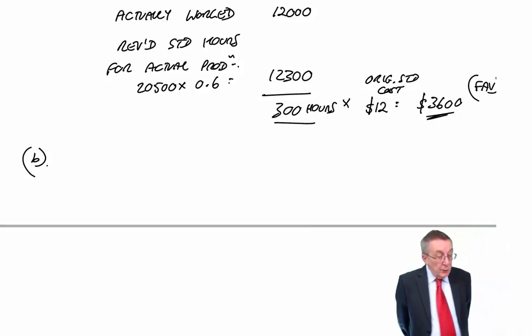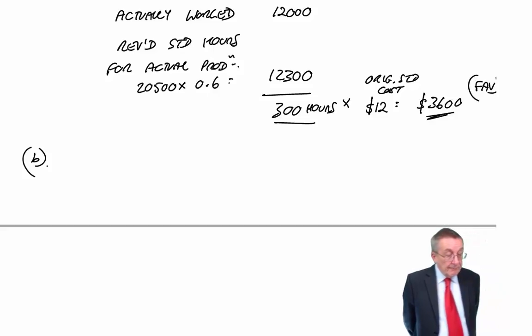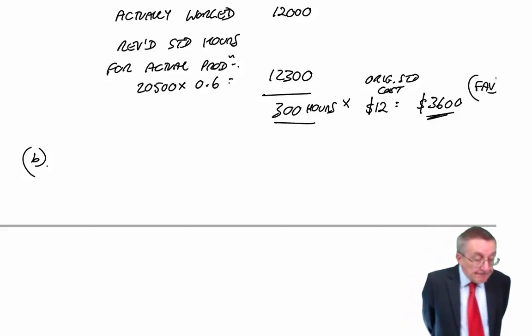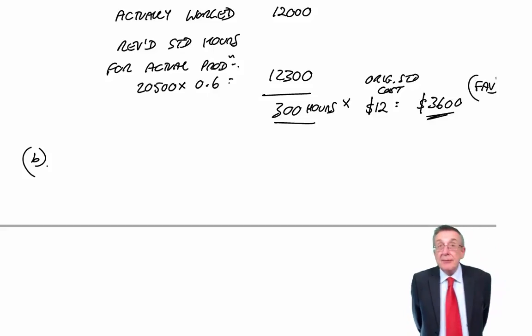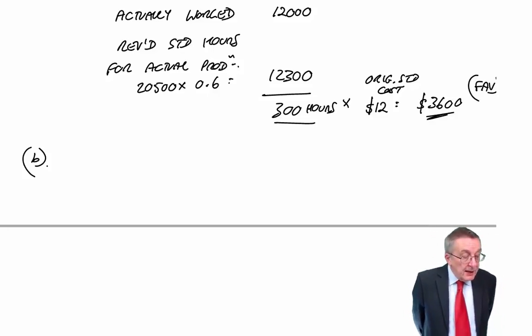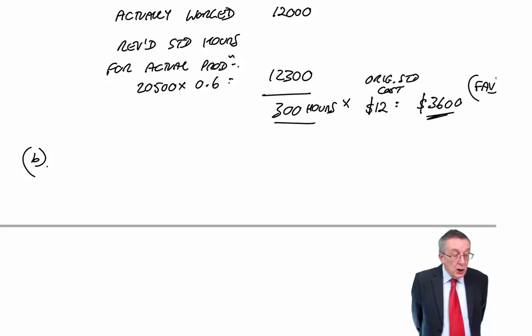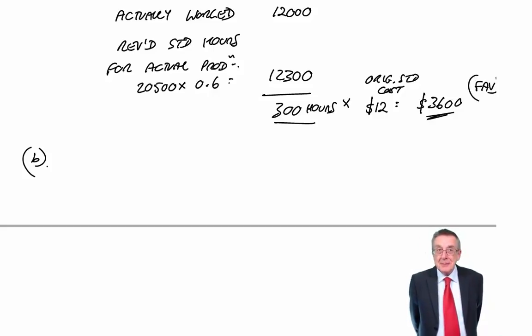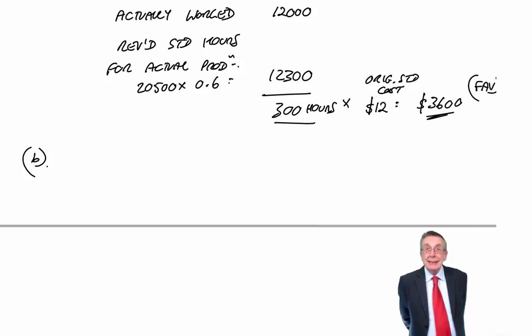Assess the performance of the production manager for November. And do note the last sentence of the first paragraph. The production manager at Truffle had no input into the budgeting process. So the original budgets, nothing to do with the production manager.